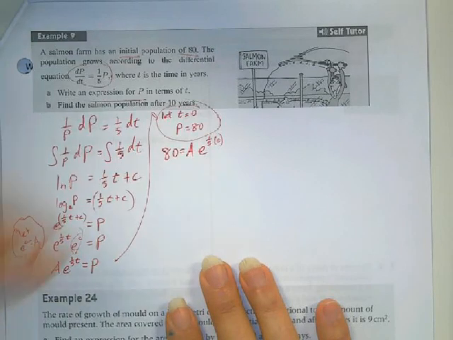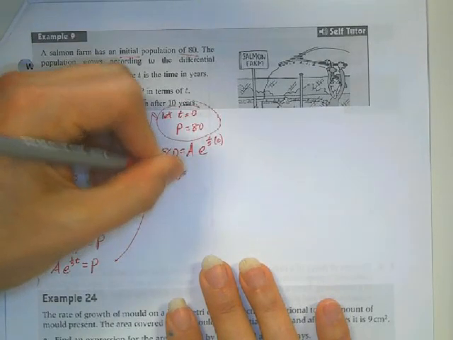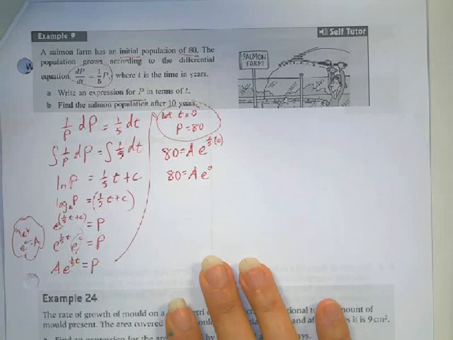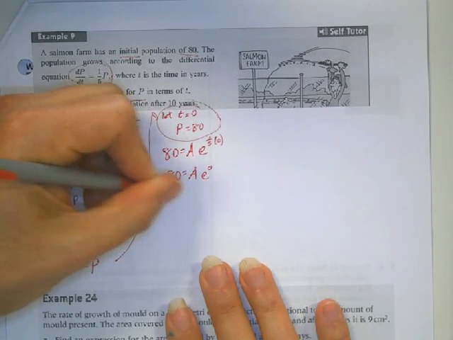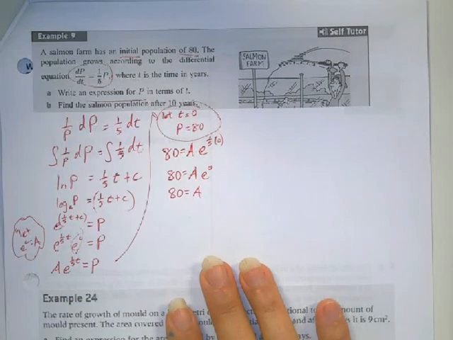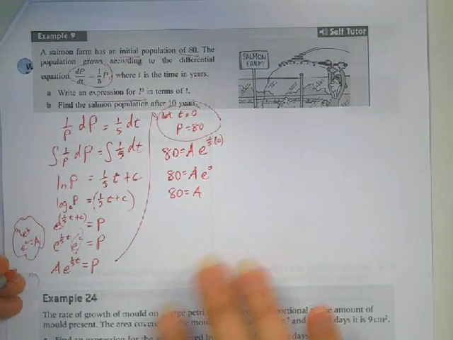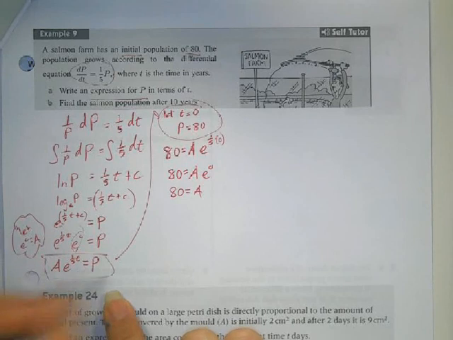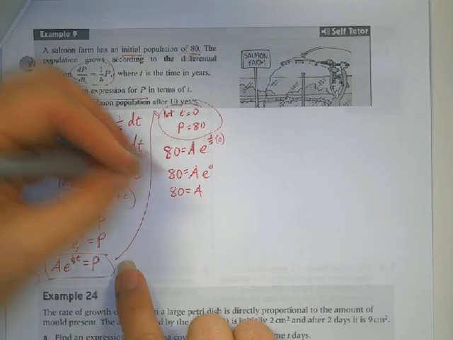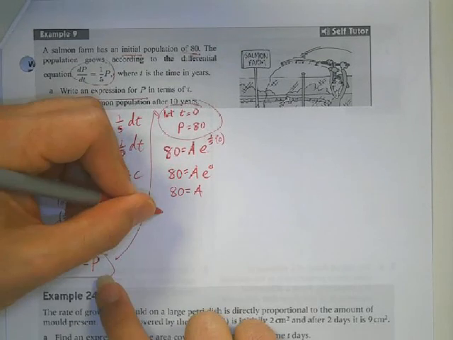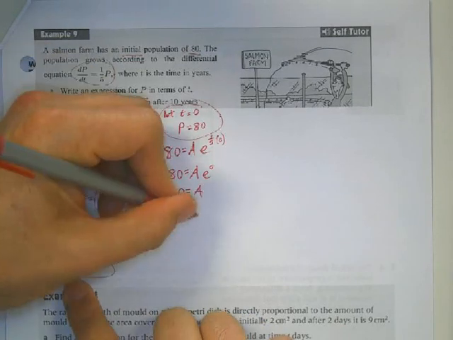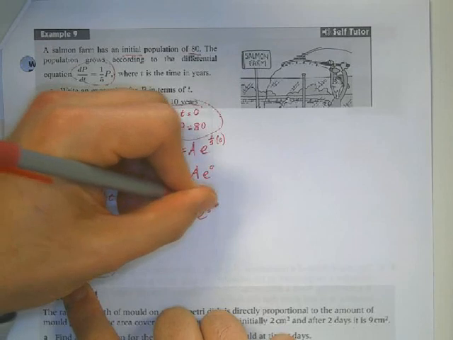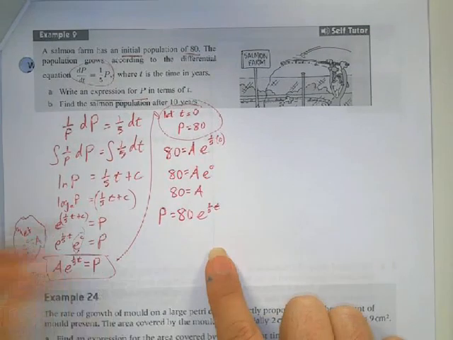Then I get 80 equals a times e to the 0, and anything to the 0 is 1, so that means a equals 80. Now I can rewrite this equation with 80 in place of a. So now I know that p is equal to 80 times e to the 1/5 t.